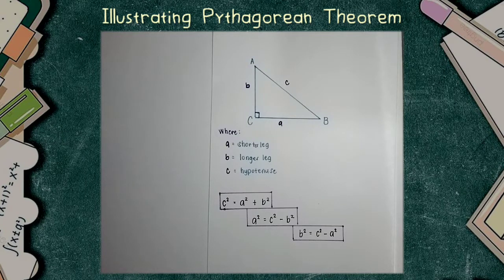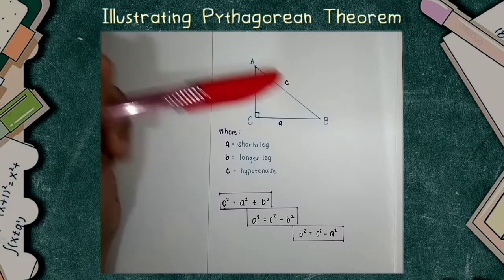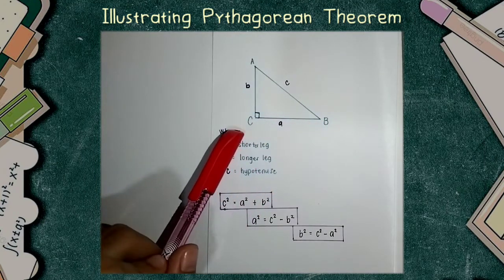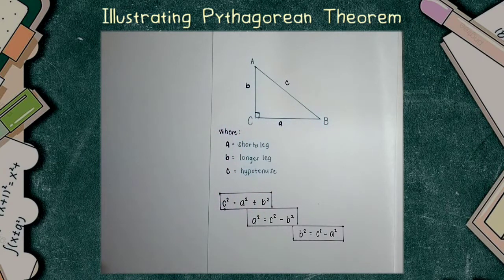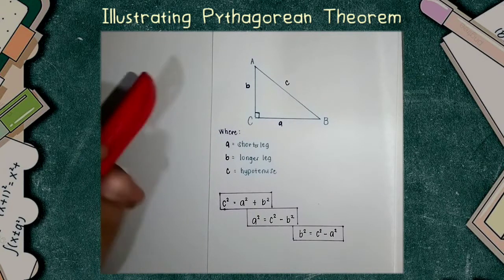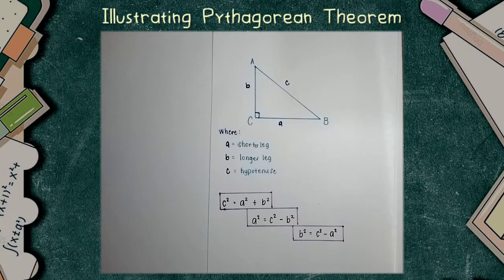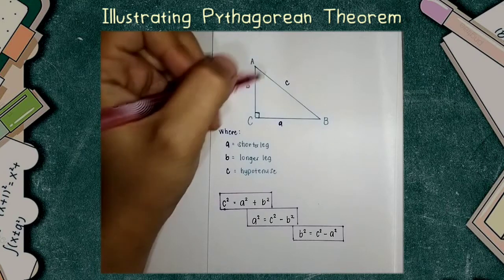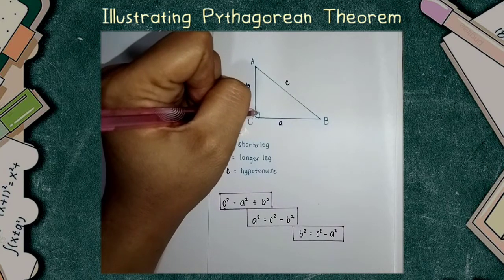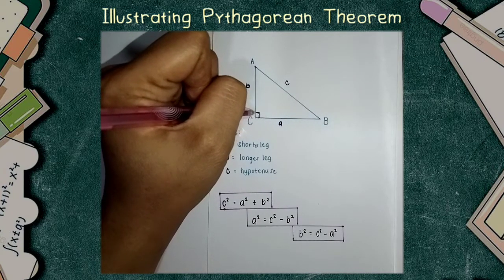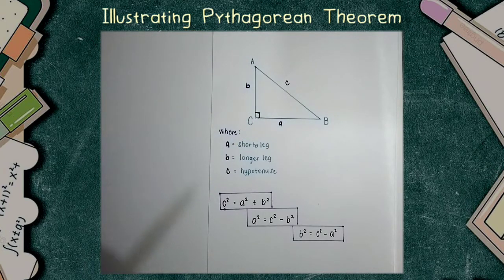Okay, so we have triangle A, B, C. We know that the triangle is said to be a right triangle if one of its angles is exactly 90 degrees. And kapag may nakikita kayong small square dito sa corner ng isang triangle.